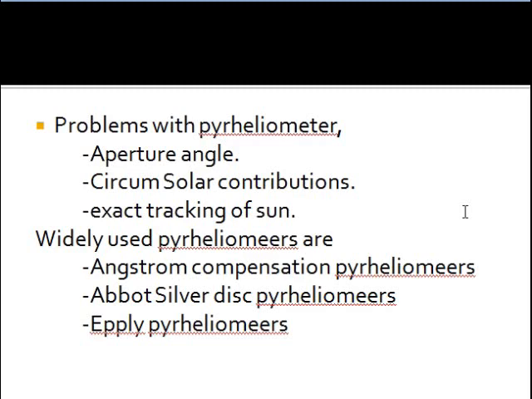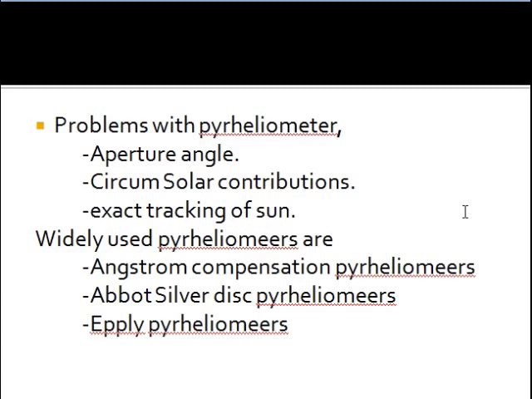The other one is circumsolar contribution. When the light from the sun reaches the atmosphere, it forms a small ring around the sun because of the scattering of light. That also has an impact on the measurement of solar radiation intensity, and the circumsolar contribution is one thing we cannot avoid.